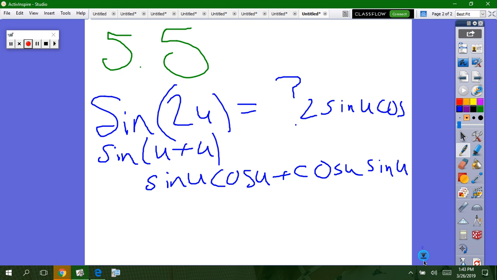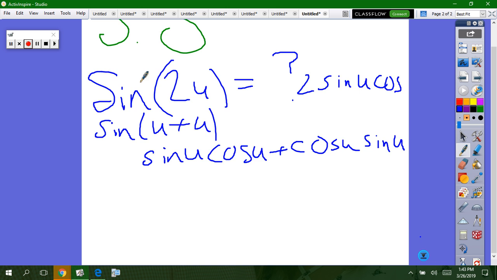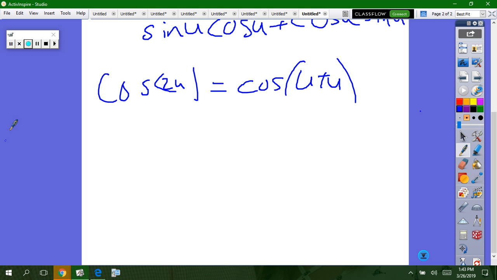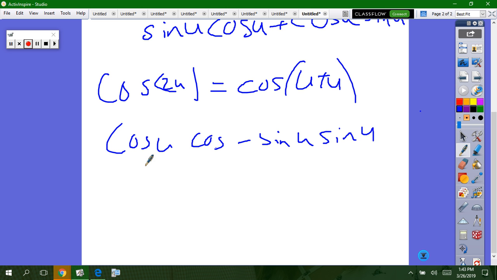So, what's another way to write cosine 2u? Cosine u plus u. This is cosine u minus sine u, which is cosine squared u minus sine squared u.